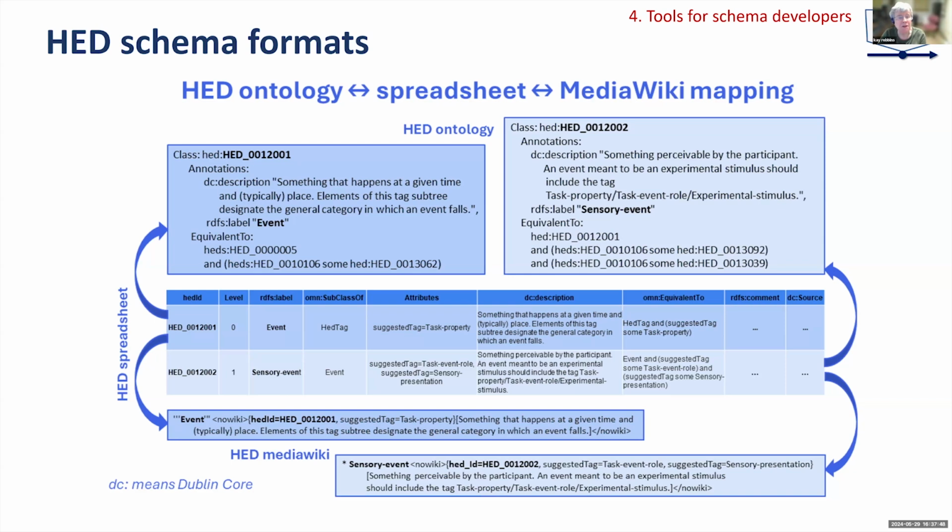Those are the only things you need to fill out. So you can fill out this spreadsheet, and when you submit it to GitHub, it will try to merge it with the standard schema or the library schema, check it, and then produce an XML, which is the format that's used for the browser.